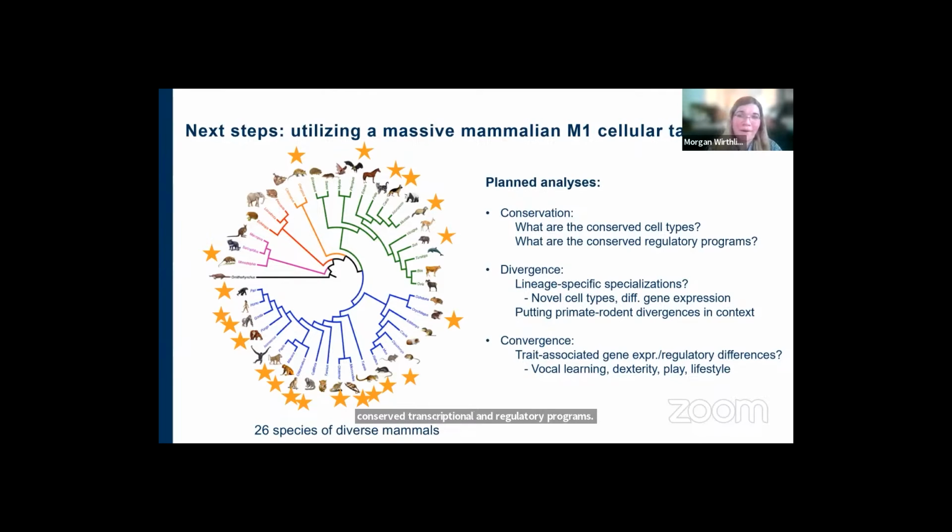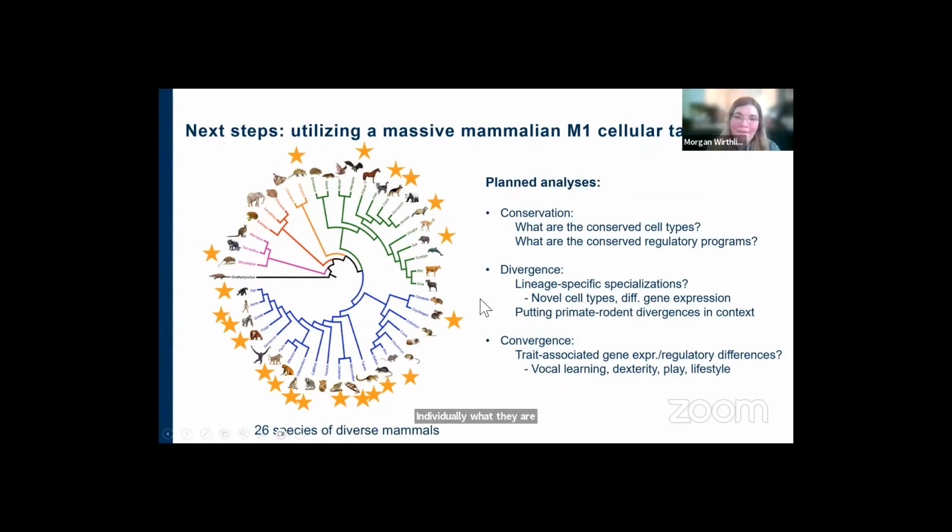Are the same markers that we know within primates or in rodents, how deeply are those conserved as markers of conserved cell types? We're also, of course, interested in divergence. What makes primates special? What makes humans exceptional amongst primates? What makes all of these species individually what they are?